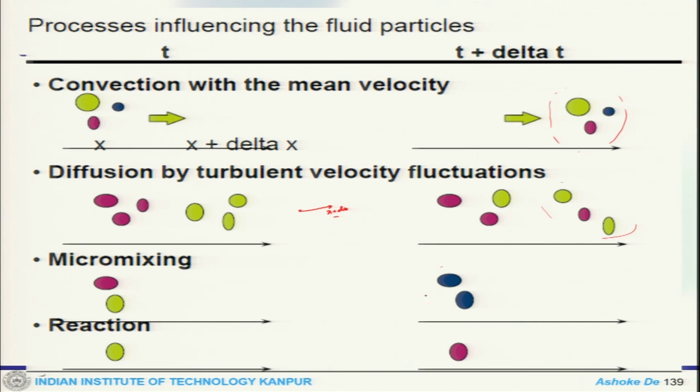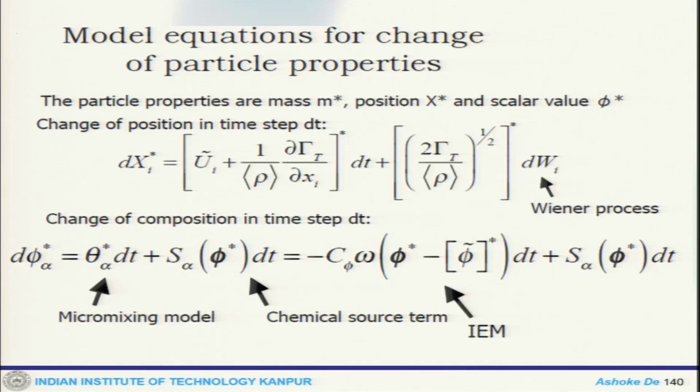Because of the mixing you can see how they behave, and then finally reaction, which allows us to take into consideration the reactive scalars, which are either getting produced or consumed during this process. Now how do we model these particle properties or the change of particle properties? Because we have already said that each computational cell will have a number of notional particles, and these particles do have some mass.